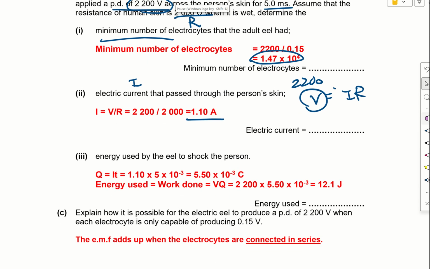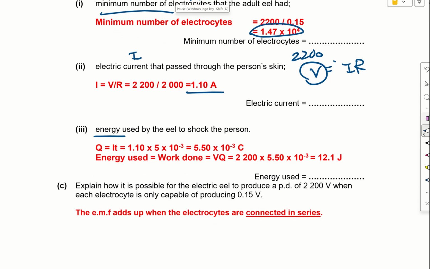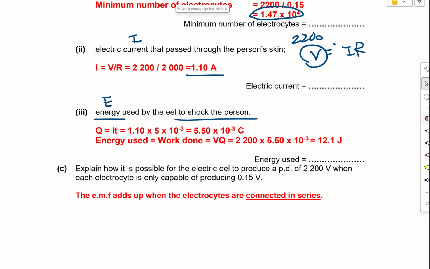Okay, part 3, continue. The energy, which is E or W, used by the eel to shock the person. So we can use Q equals IT, because we have to find the amount of charge, and then we can use the Q with the correct V to find the work done.